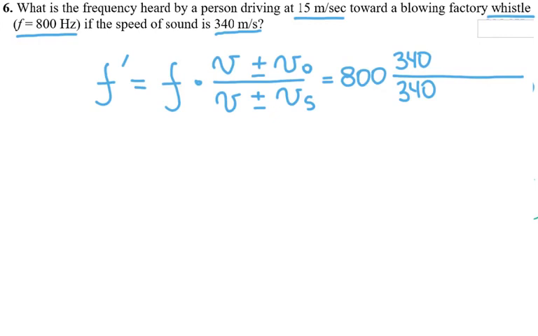Because the observer is approaching, he is causing the frequency to increase, making a higher pitch and a shorter wavelength. So I have to add the velocity at which he is moving, which is 15. So the new frequency heard by the observer is 835.3 hertz.